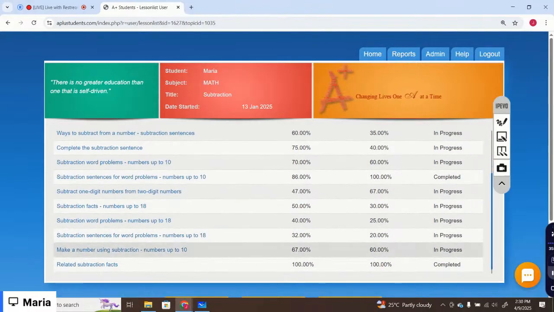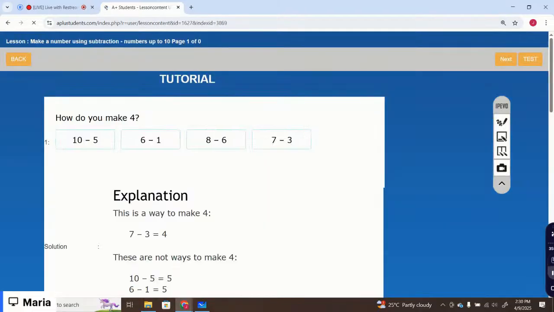Make a number using subtraction, numbers up to 10. How do you make four?